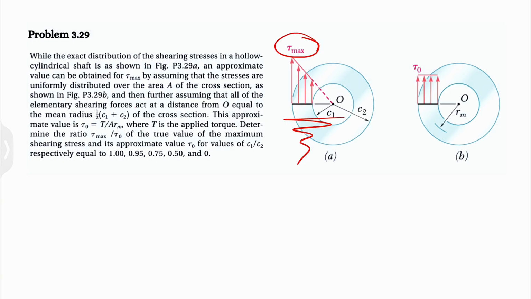And we're going to further assume that all of the elementary shearing forces act at a distance from O equal to the mean radius. So we have the internal radius C1 and the external radius C2. We can assume an average distance in between, which is the RM that we're showing here, and the approximate value of tau zero is T over A times RM.